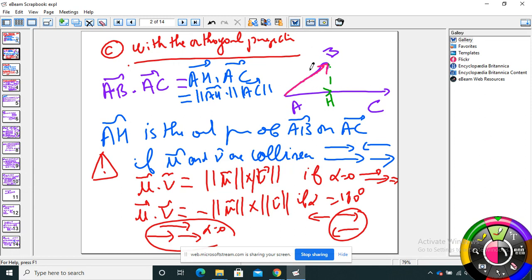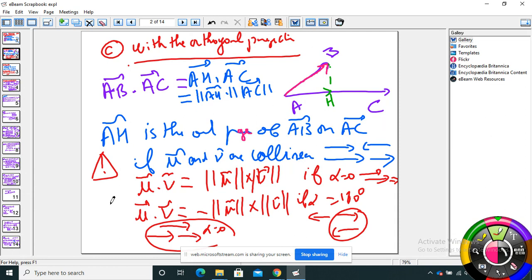If I take AB, I do the orthogonal projection of B on AC, also it's equal to AH dot AC. So AH is the orthogonal projection. So what's written here? AH is the orthogonal projection, sorry guys for the handwriting, of AB on AC. Okay, so what's written here is like this: AH is the orthogonal projection, this projection, okay, of AB on AC.